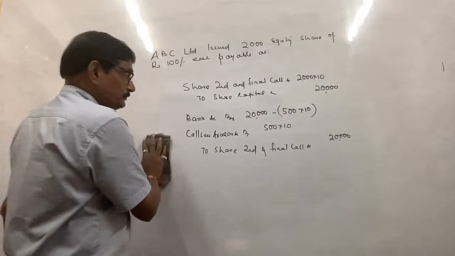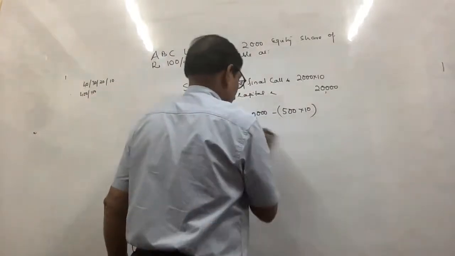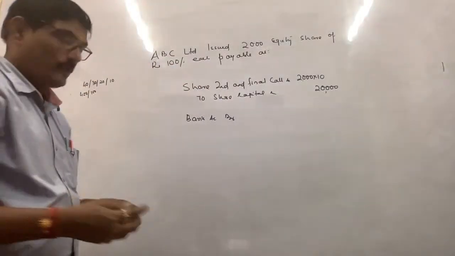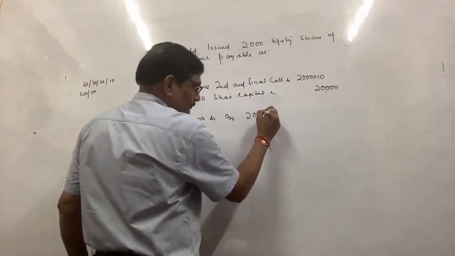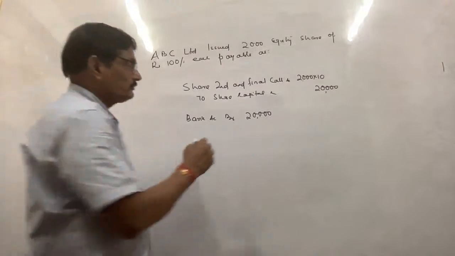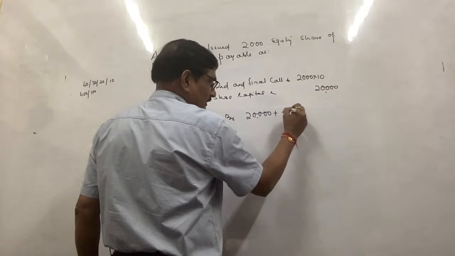At that time, the entry will be, this is the due entry. When we receive, bank account debited 20,000 towards second call plus holder of 400 shares.